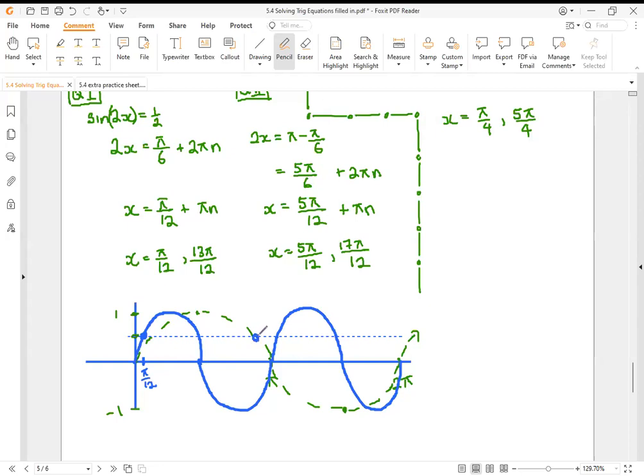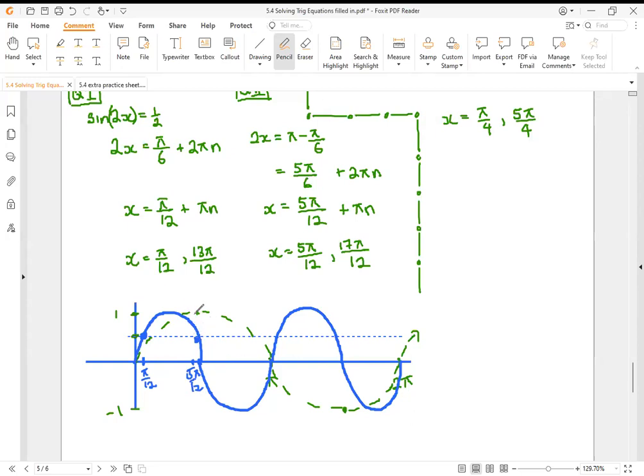My angle, which used to be 5 pi over 6, is now at 5 pi over 12. Right?